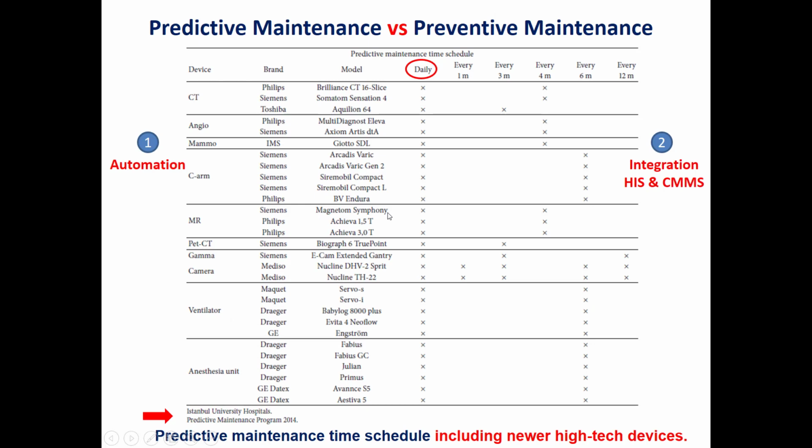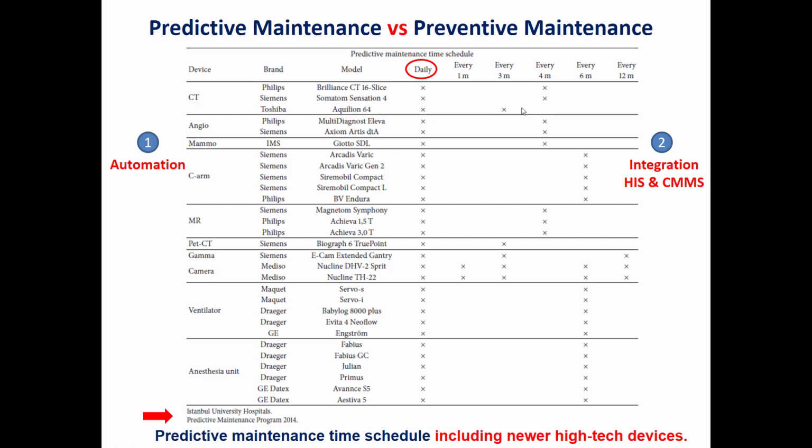However, in predictive maintenance, we gather data from each device on a daily basis, and we make an assessment for each part or each component of this device. Based on this assessment, the period will be adjusted.